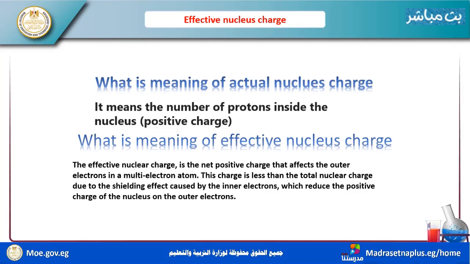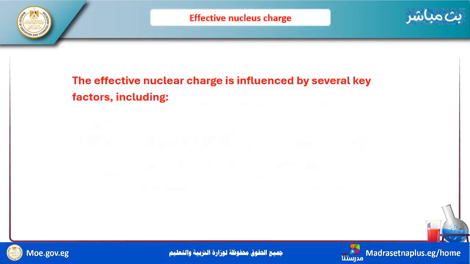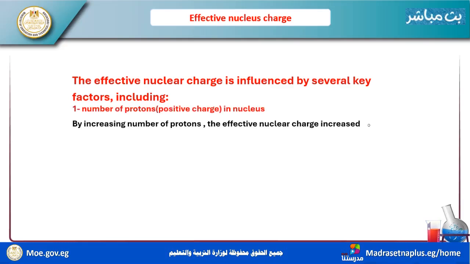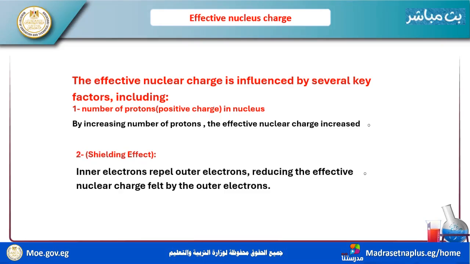We have directly proportional and inversely proportional relationships between these factors. This effective nuclear charge is influenced by several factors I told you before. First, the number of protons in the nucleus: by increasing the number of protons, the effective nuclear charge increases. This is directly proportional. Second, shielding: inner electrons repel outer electrons, reducing the effective nuclear charge felt by outer electrons.